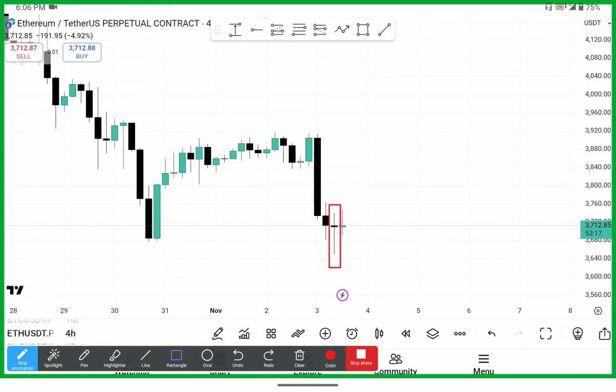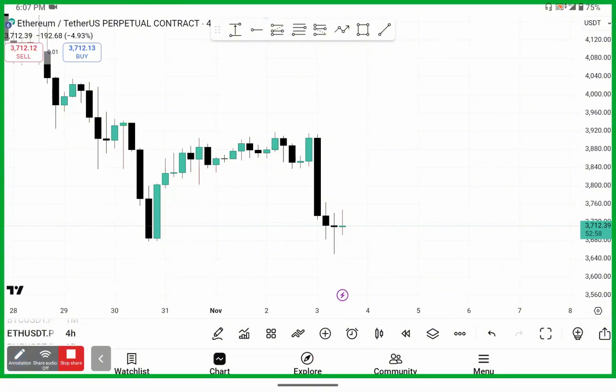Of course, because of the spacing, I will have to jump. This candle took 4 hours, no matter the size. Every candle on this chart took 4 hours to form. Whether it is too small like this one, it took 4 hours to form. So that is what it indicates.